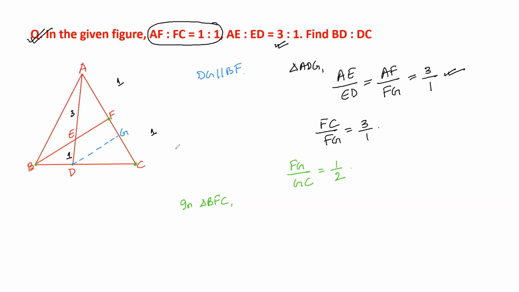So using basic proportionality theorem again, we can say that the points D and G will divide the sides BC and FC in the same ratio. So we can say that BD upon DC will be same as FG upon GC. And FG upon GC is 1:2. So BD upon DC will also be 1:2. So the ratio BD is to DC would be in the ratio of 1:2.